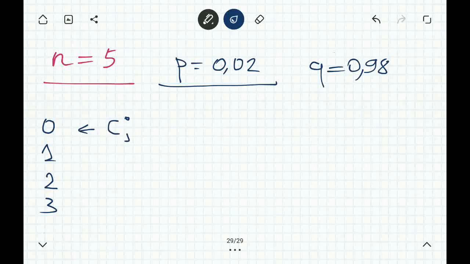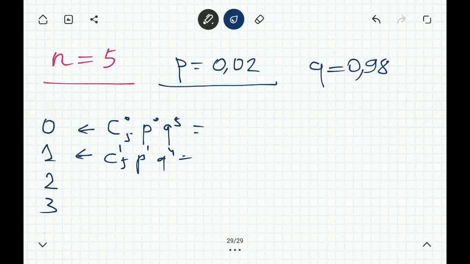C 0 out of 5, P to the 0, Q to the 5, since k is equal to 0. Okay, one more time. C 1 out of 5, P power 1, Q power 5 minus 1, 4, and so on. And we can calculate those probabilities.